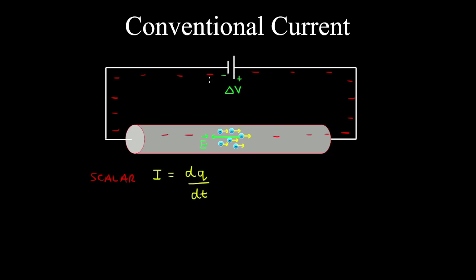And when solving problems involving electric circuits, we actually use conventional current, being the direction in which positive charge would move. So that will be against the direction that the electrons are flowing. So they'll go from the cathode and back to the anode.